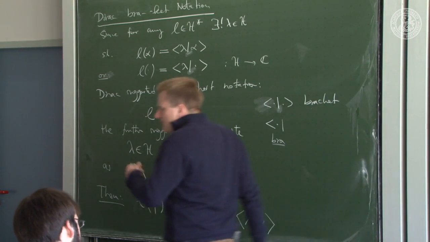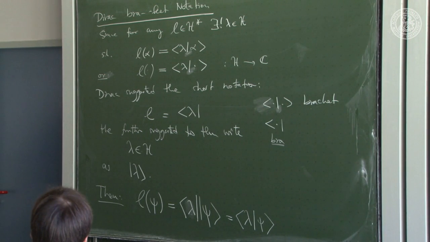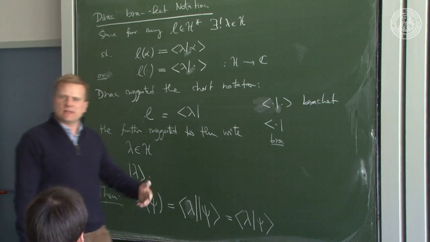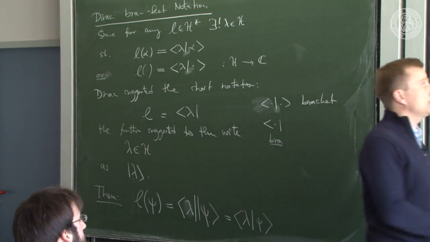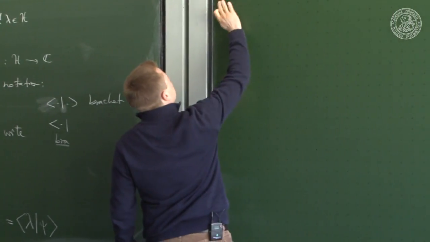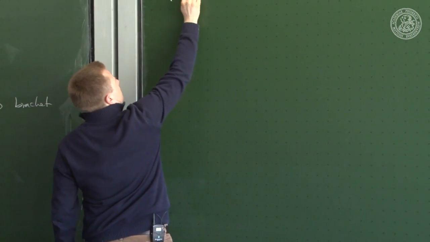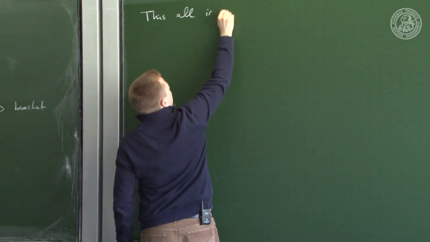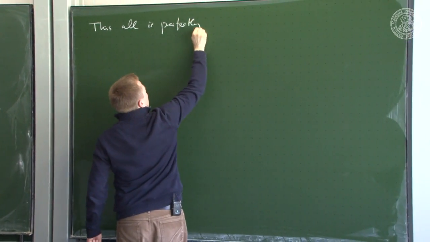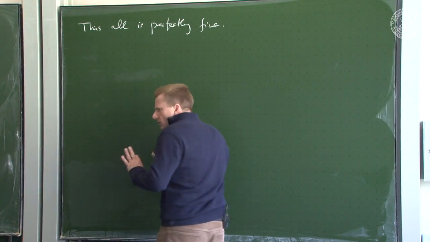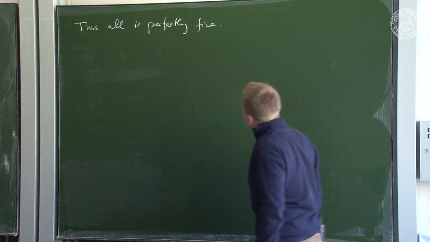Of course, you must be able to recognize what people mean, and sometimes you will have to decide, they write down this or that, well, is it this or is it that? And sometimes it's not so clear. So this all is perfectly fine. There's nothing wrong with it at this point.